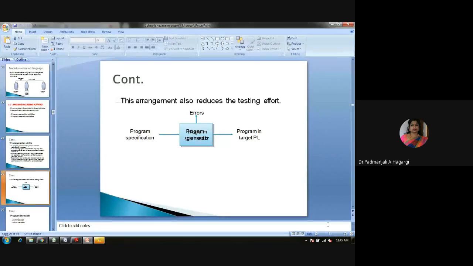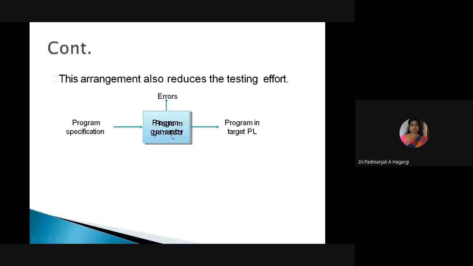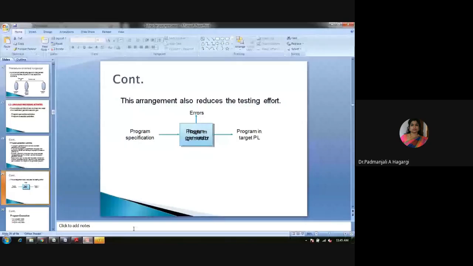It goes for error checking, finds some errors, comes back and takes another line of code, and goes for the program generator to generate the target language. Target programming language is nothing but the machine language.